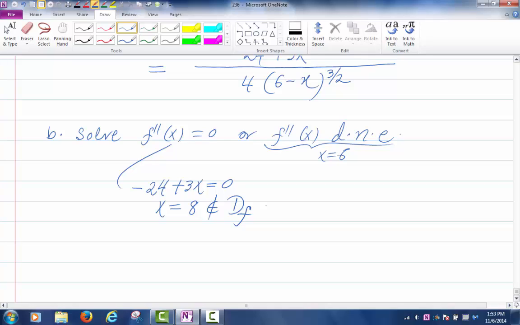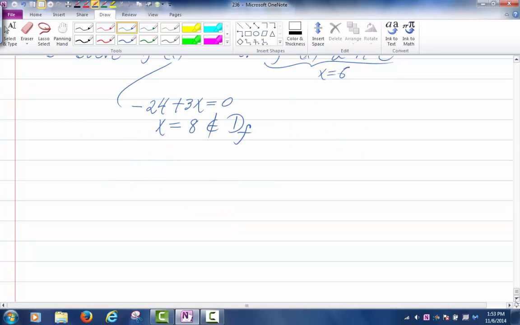Okay? So the third part is I have to come up with the sign graph for the second derivative, but this is pretty easy in this case because we don't have any interior critical point here.